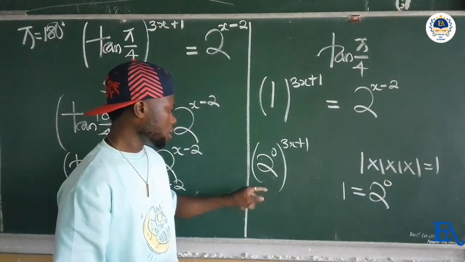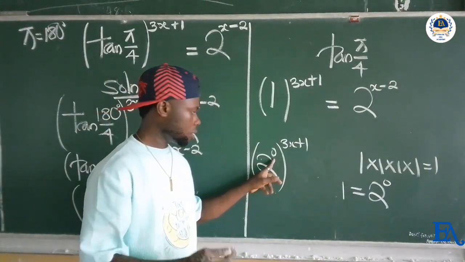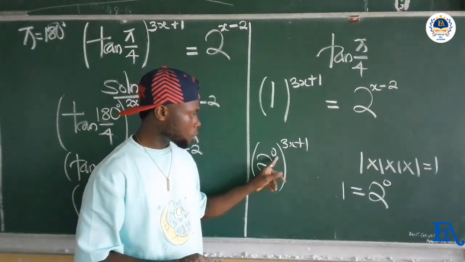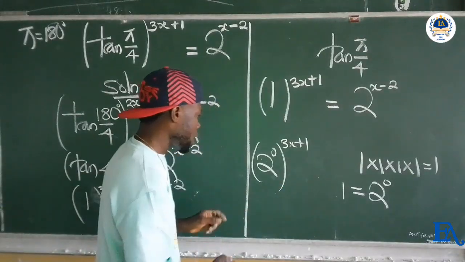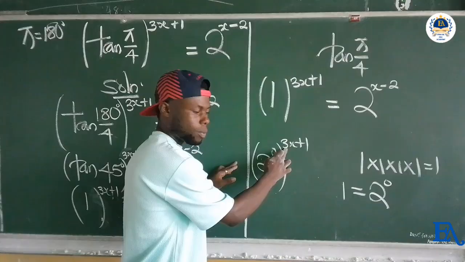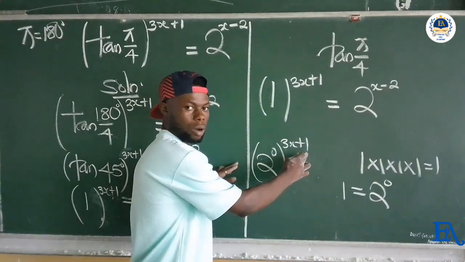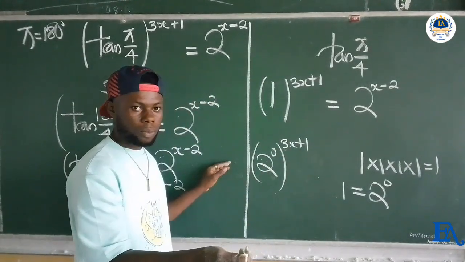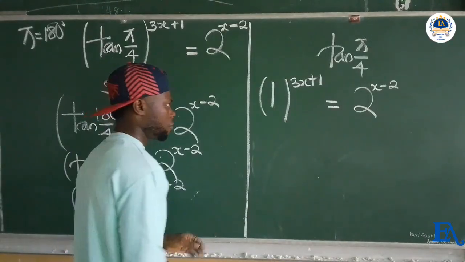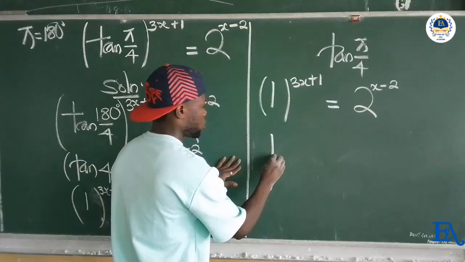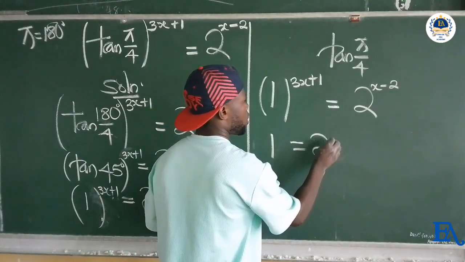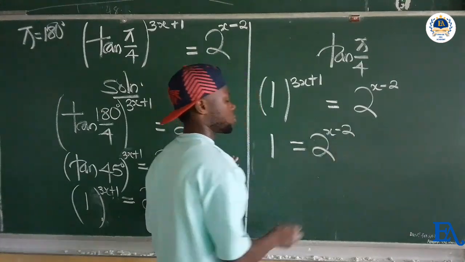Then let's multiply. Power law of indices: if we have two different powers separated by a bracket, multiply them. So if you multiply, it will be 0 times 3, which is 0, and 0 plus 1, 0 times 1 is also 0. Then 2 raised to the power of 0 is 1. So we have 1 is equal to 2 raised to the power of x − 2.